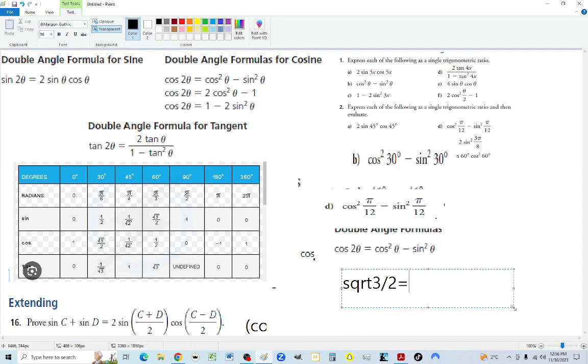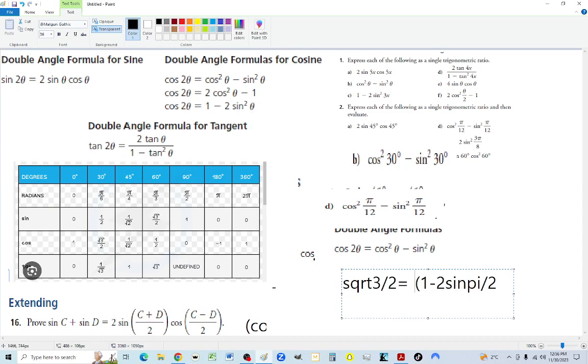Which means you can't really, the way it is. I'm going to convert cos squared pi over 12 to 1 minus sine squared pi over 12, so we get 1 minus sine squared pi over 12 minus sine squared pi over 12, which is 1 minus 2 sine squared pi over 12.